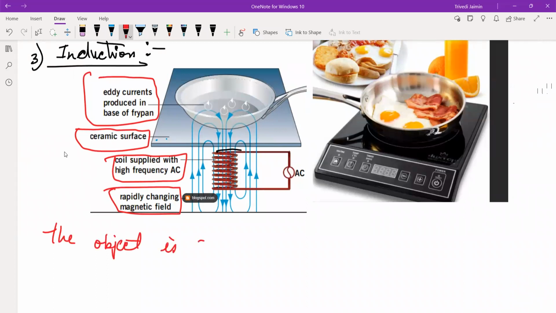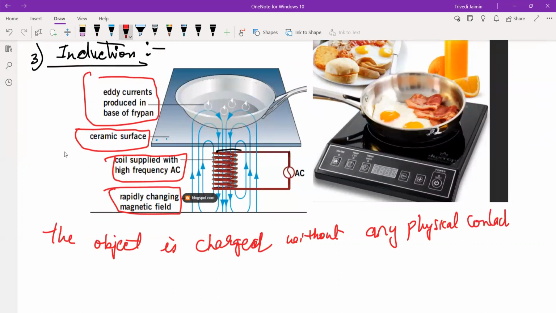The object is charged without any physical contact to any other charged object.